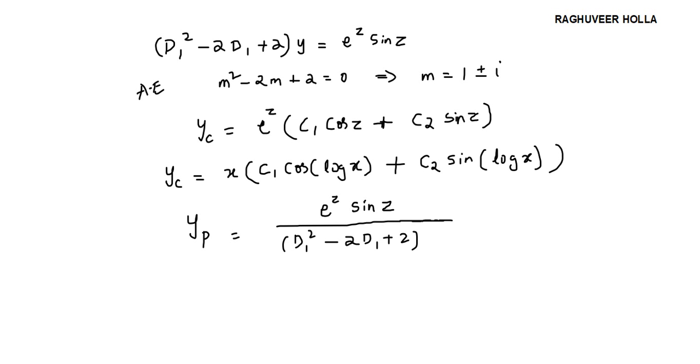Now let us replace D1 as D1 plus 1. You take e to the power of z outside, because you are replacing D1 as D plus 1.